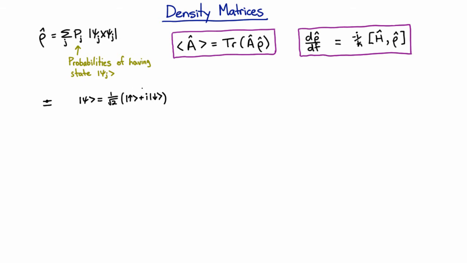Whereas if we actually do a measurement in the z direction first, and we have up or down, then we'll get forwards or backwards in the y direction with equal probability. So what we really need to do is write the state after the measurement as an equal probability mixture of being in spin up or spin down. And so the easiest way to describe the effect of a measurement is to use density matrices.